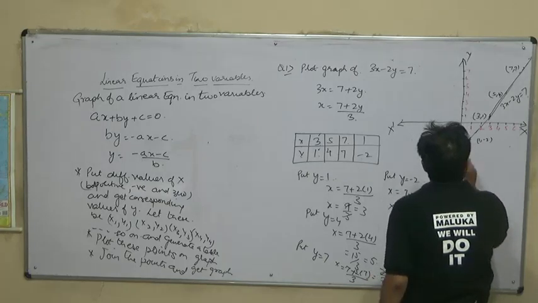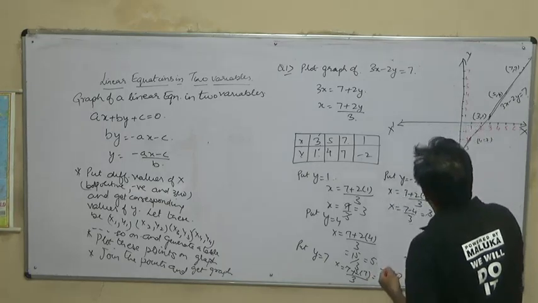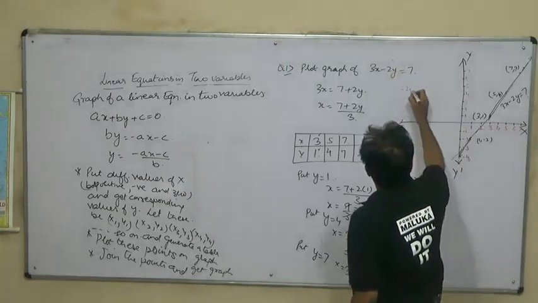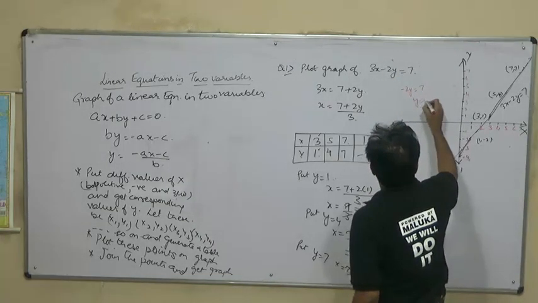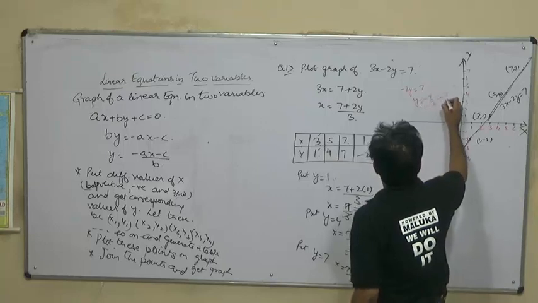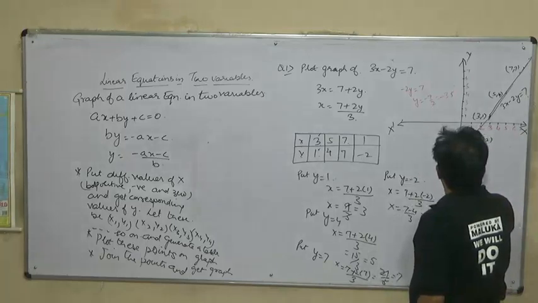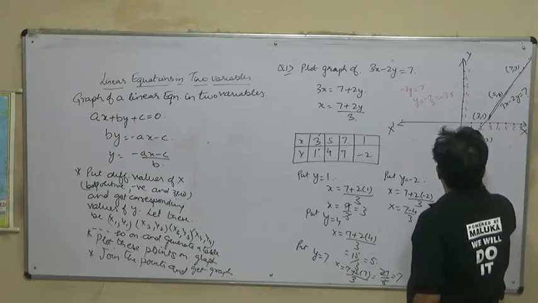Means when the value of x is 0, we can put, if x is 0, -2y will be equal to 7, y will be equal to -7/2, -3.5. So you can check that this is -3.5 for x is equal to 0.